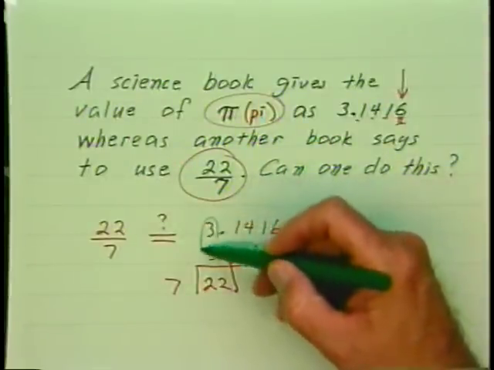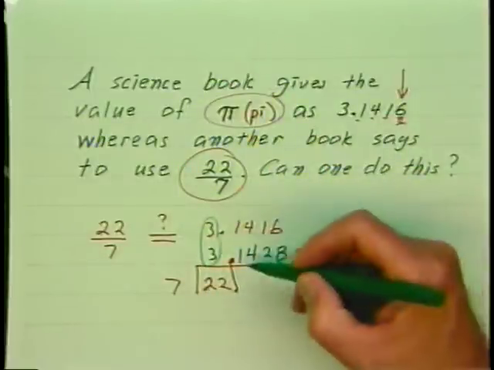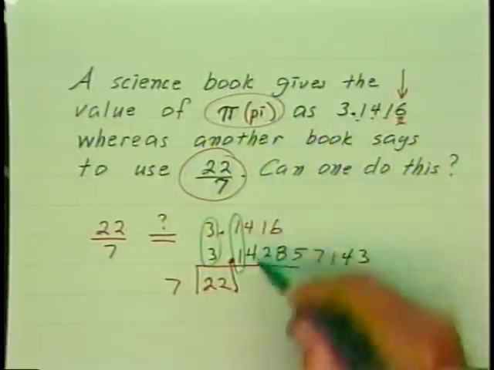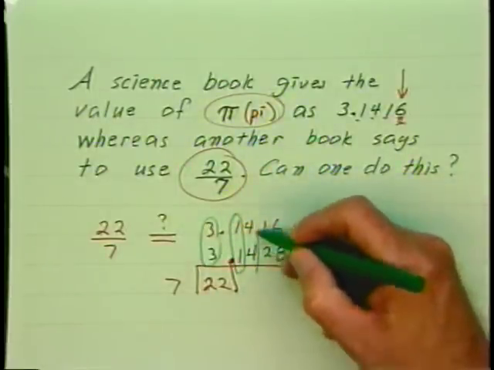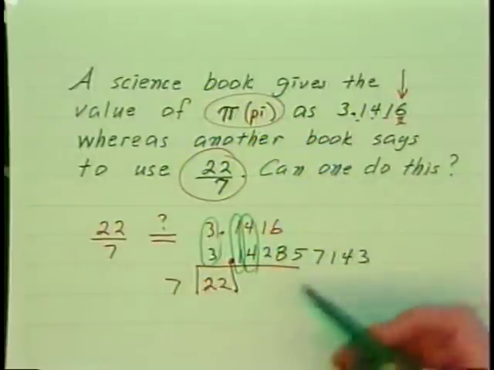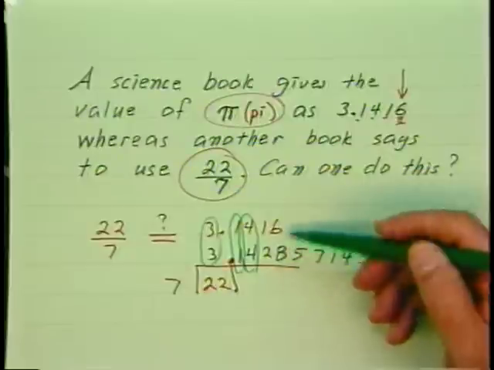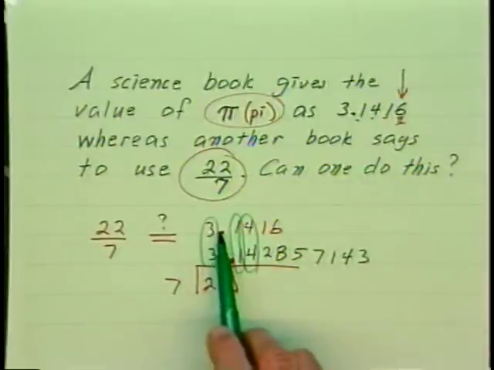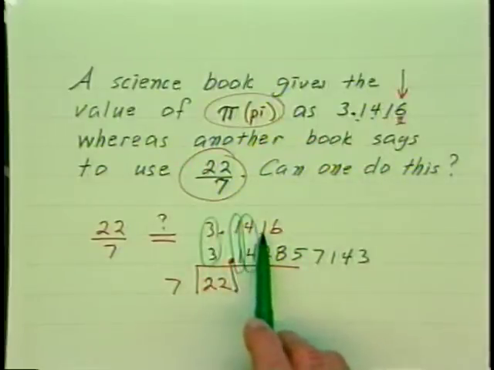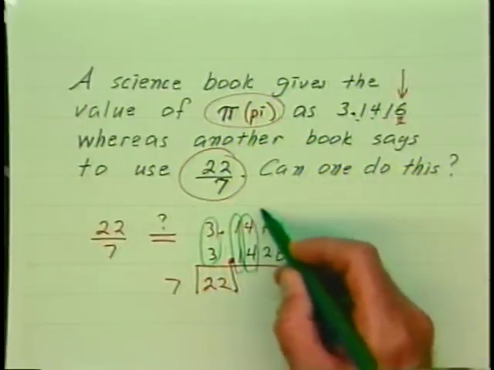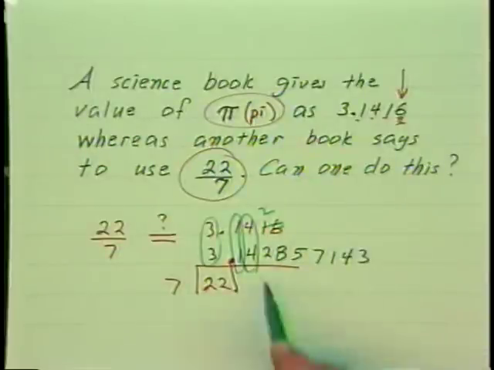We see they agree at the whole number, they agree at the 10th, they agree at the 100th, but at the thousandths they disagree. However, if I were to round this decimal value of pi to the nearest thousandths, this would round to 2. Of course, this one would round to 3, doesn't it?